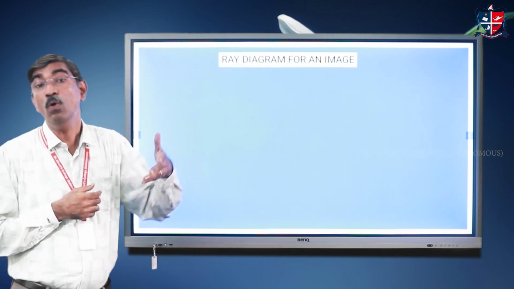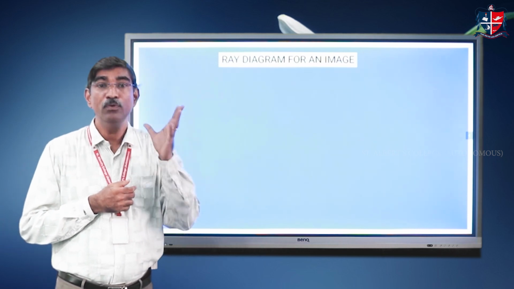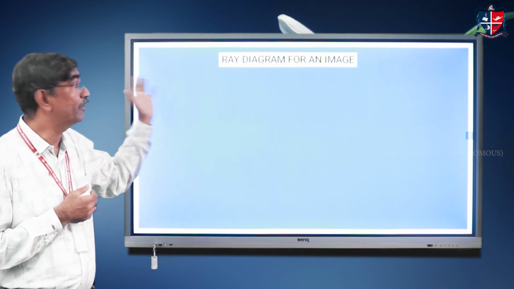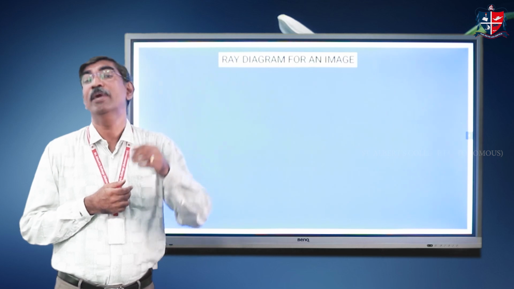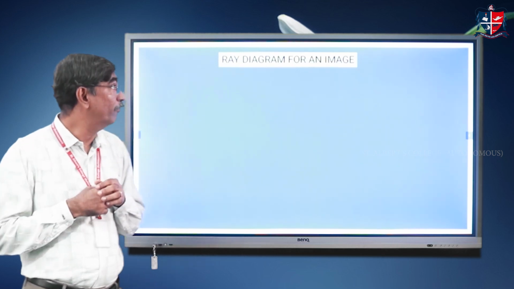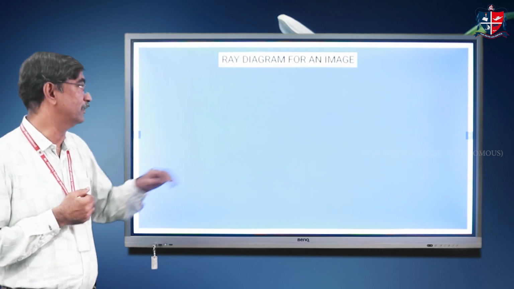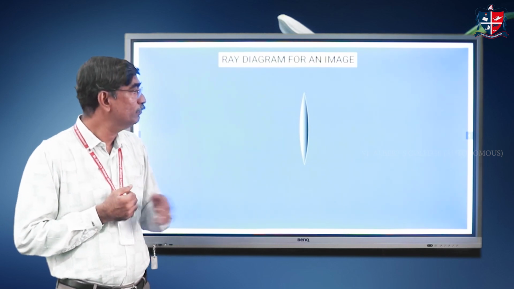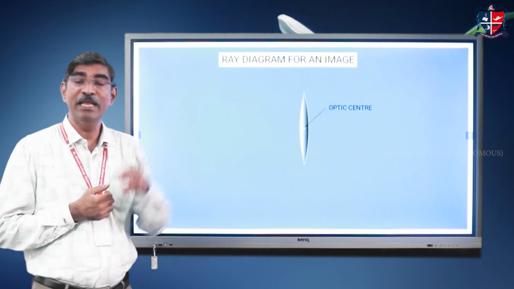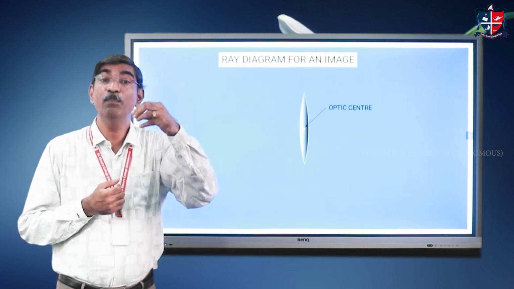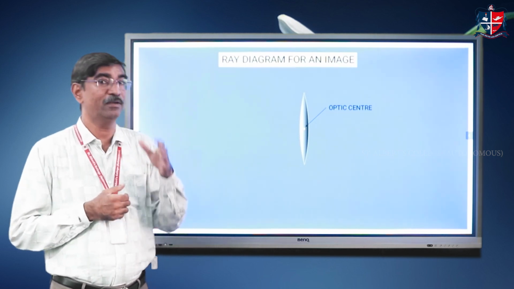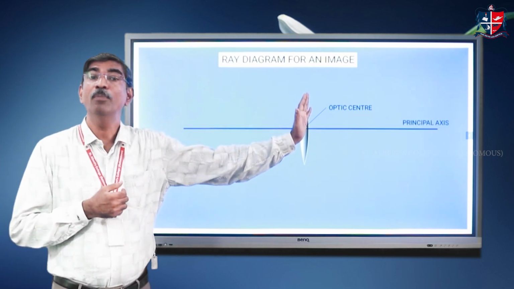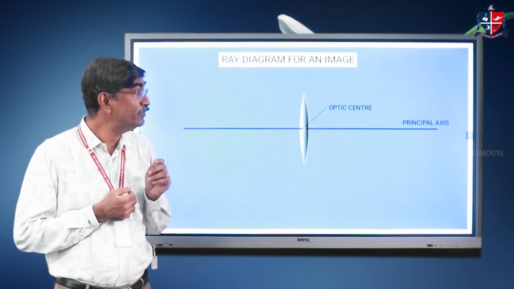And in order to know how an image is formed, you must know some basic information regarding the ray diagram for an image. Let us see how the ray diagram is constructed. So this is a convex lens, and this convex lens has a center point called the optic center. Then an imaginary line drawn through the optic center is known as the principal axis.